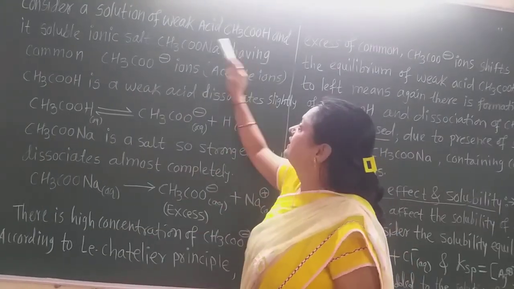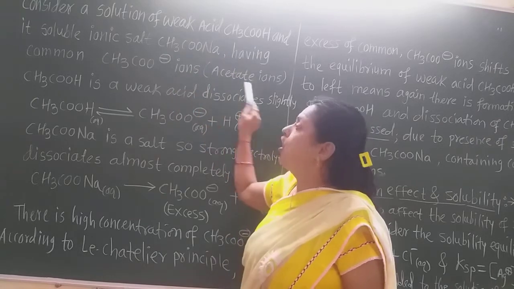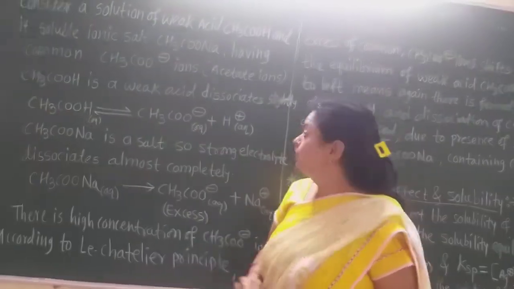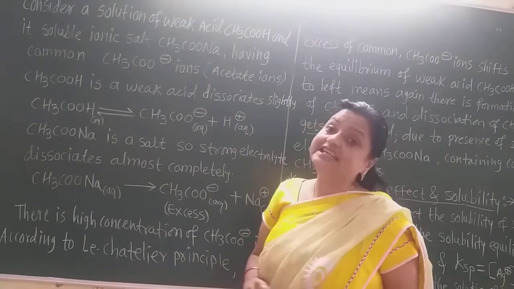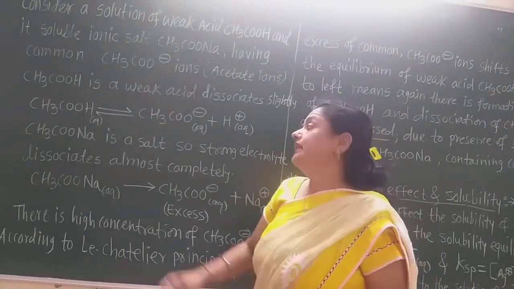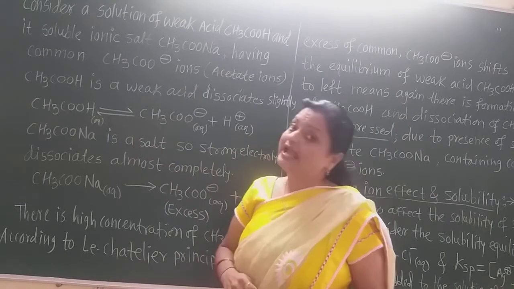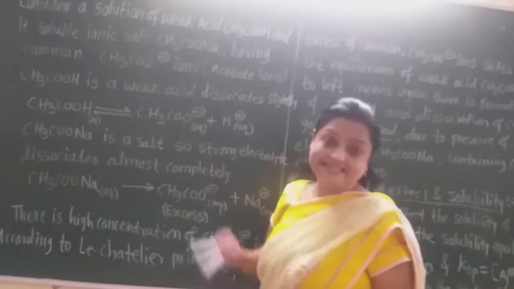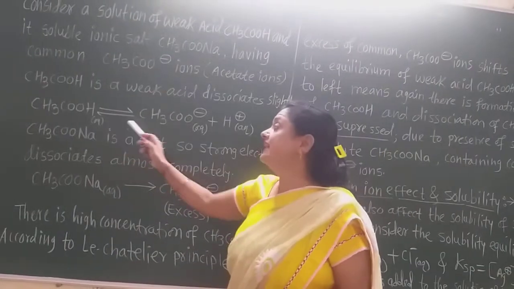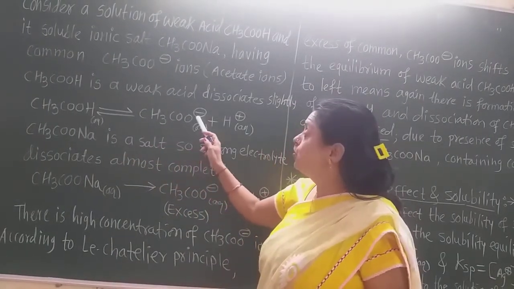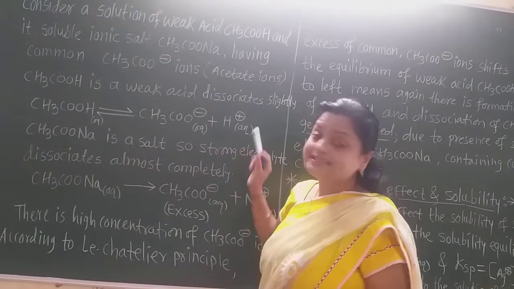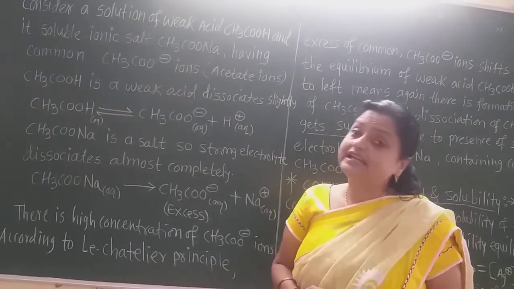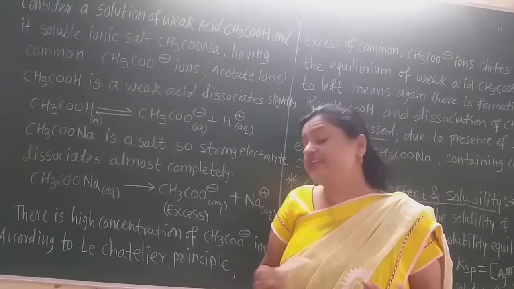Now this acetic acid is a weak acid, so it dissociates very slightly. Therefore there are double-headed arrows between the equilibrium of acetic acid and its ions. So acetic acid ionizes as CH3COOH giving CH3COO minus and H plus. But this dissociation is already very small, as acetic acid is a weak acid.